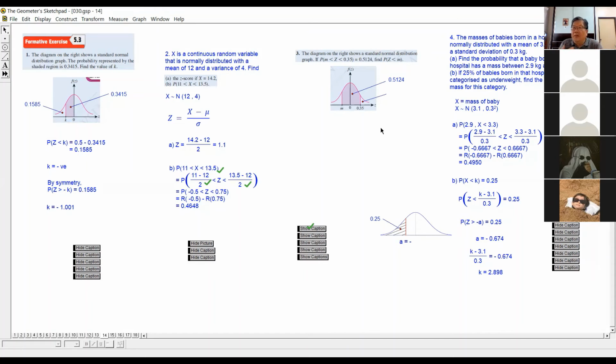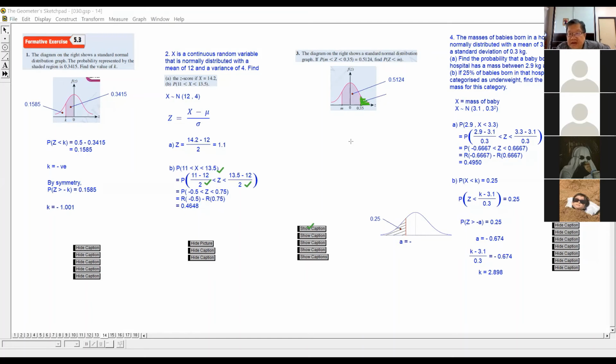In order to complete the question, I have to complete the probability here so that I can find the value of m.